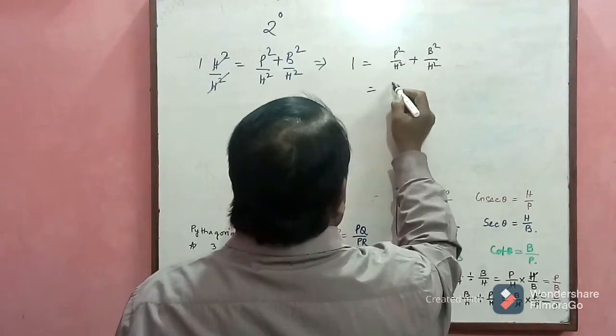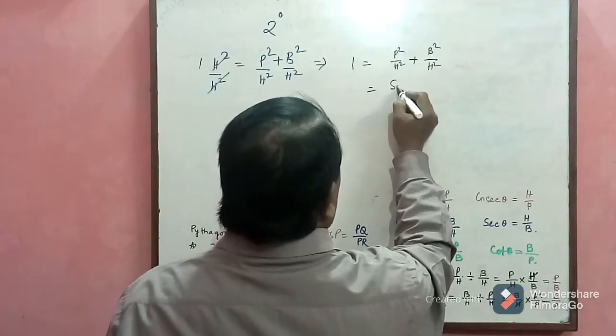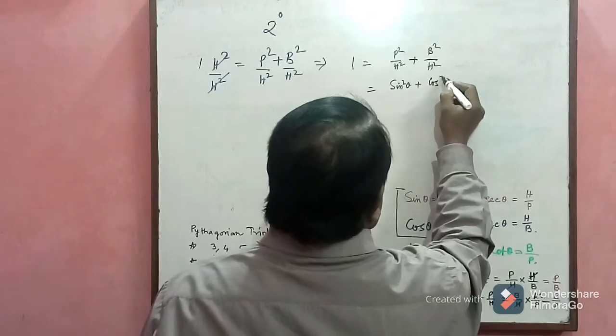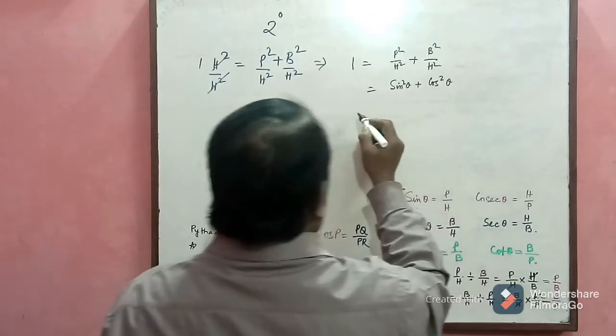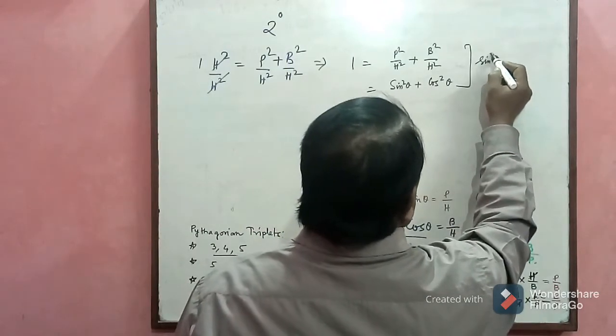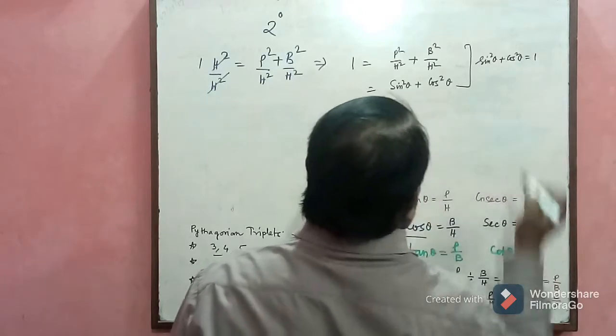P upon h is your sin theta, so this is your sin square theta, plus b upon h is cos theta, so it is cos square theta. So sin square theta plus cos square theta is 1.